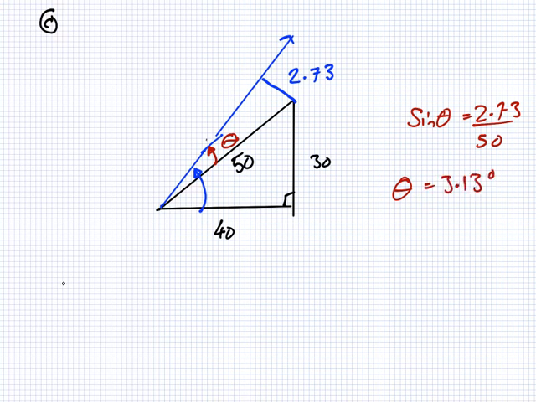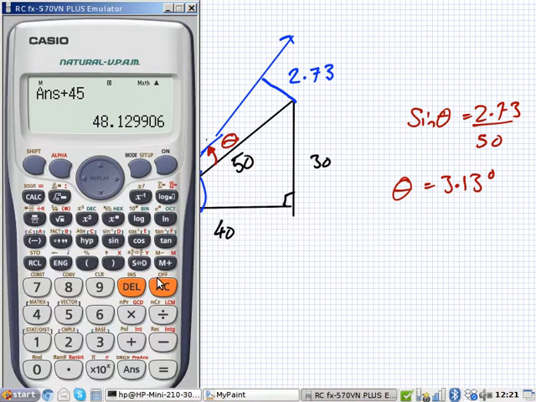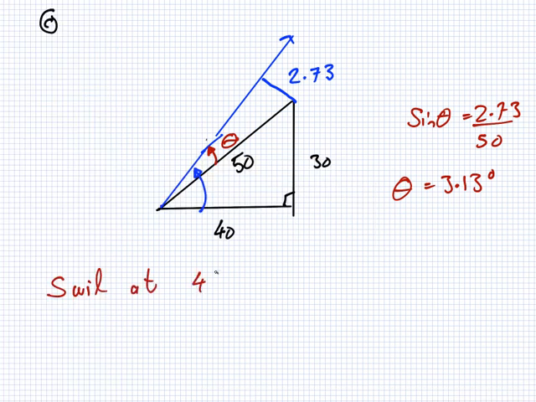So the answer is it must sail at 48.13 degrees or more. Because if it's less than this, it's a problem.